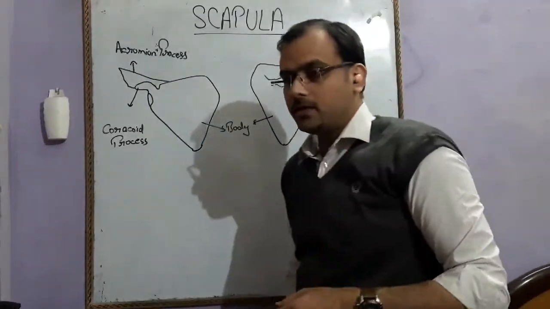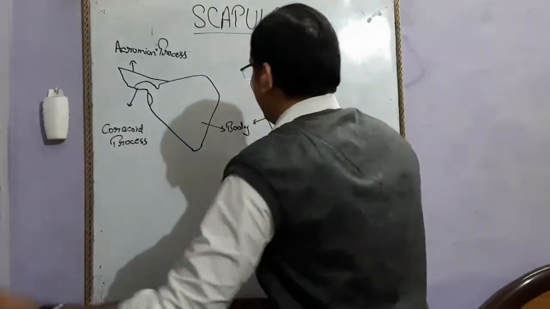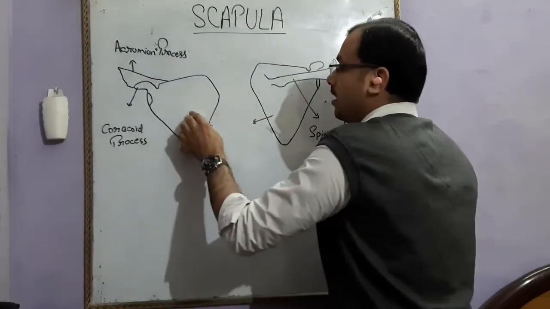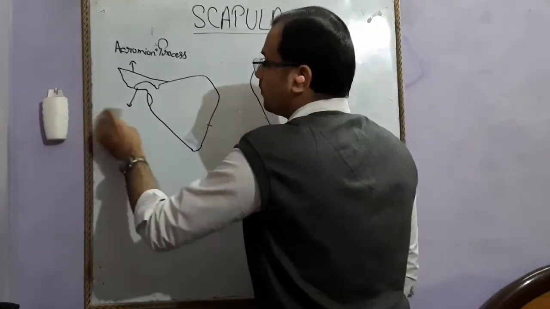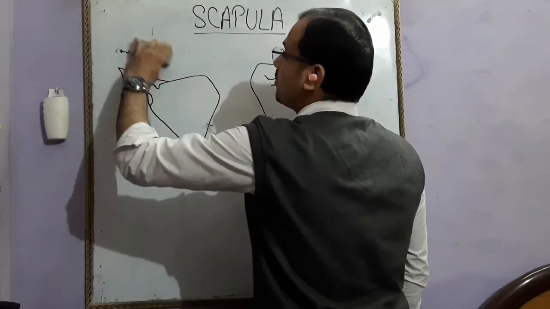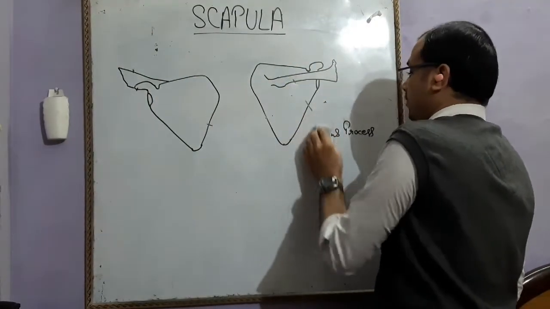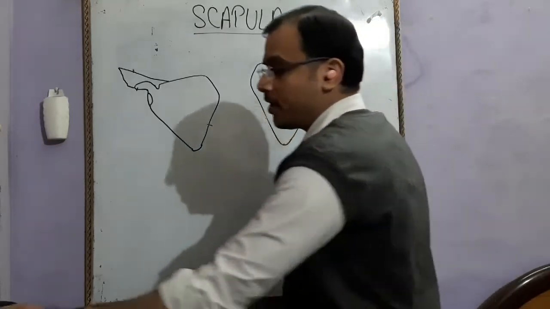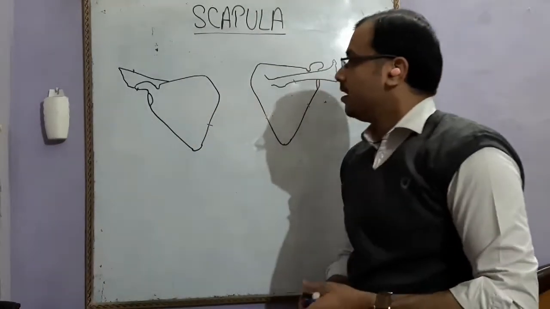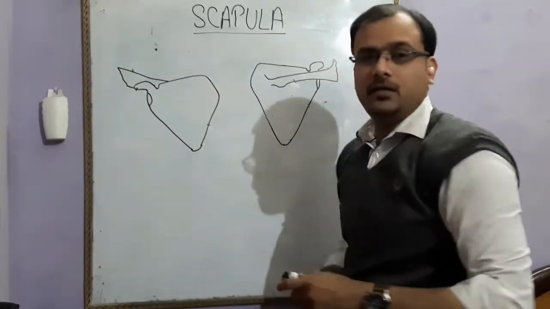Now we will discuss separately the features of the body of the scapula, and the spinous process, coracoid process and acromion process of the scapula. Firstly, we will discuss the features of the body of the scapula. The body of the scapula has three borders.